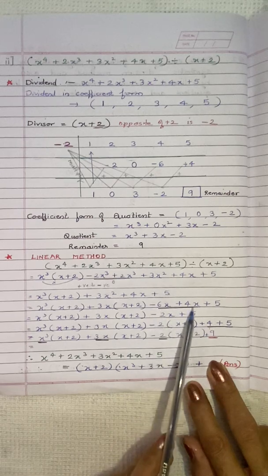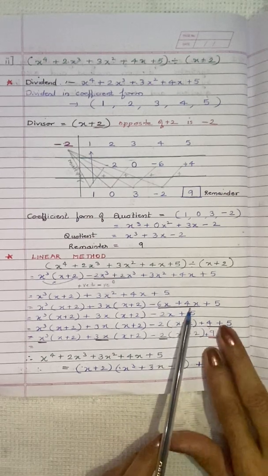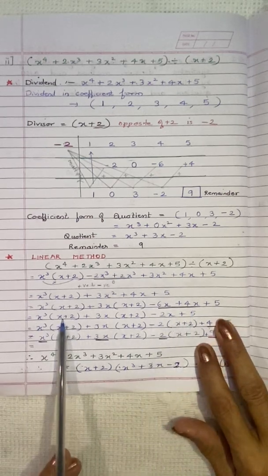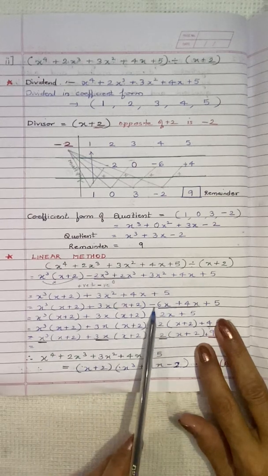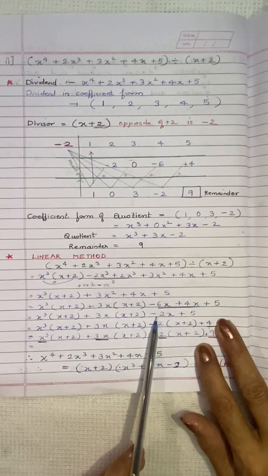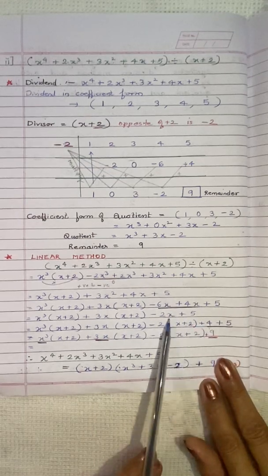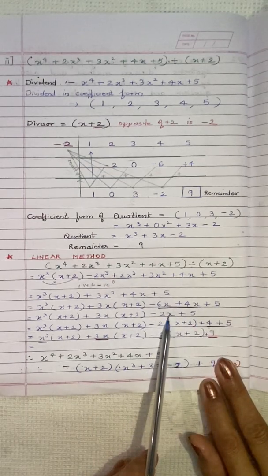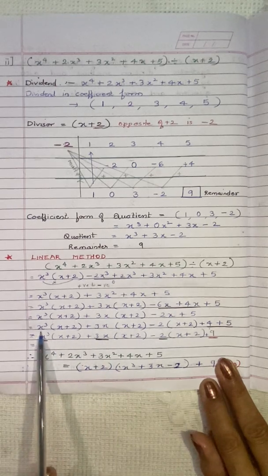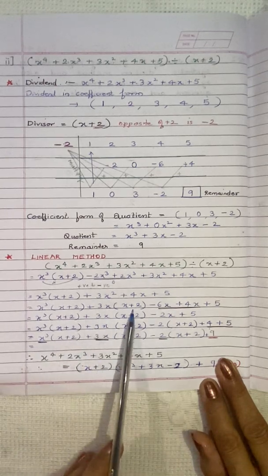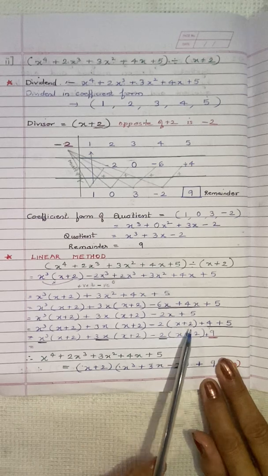Now as these two are like terms, we'll solve them in the next step. These two terms we'll copy as it is, and negative 6 and positive 4 gives us negative 2x and plus 5.